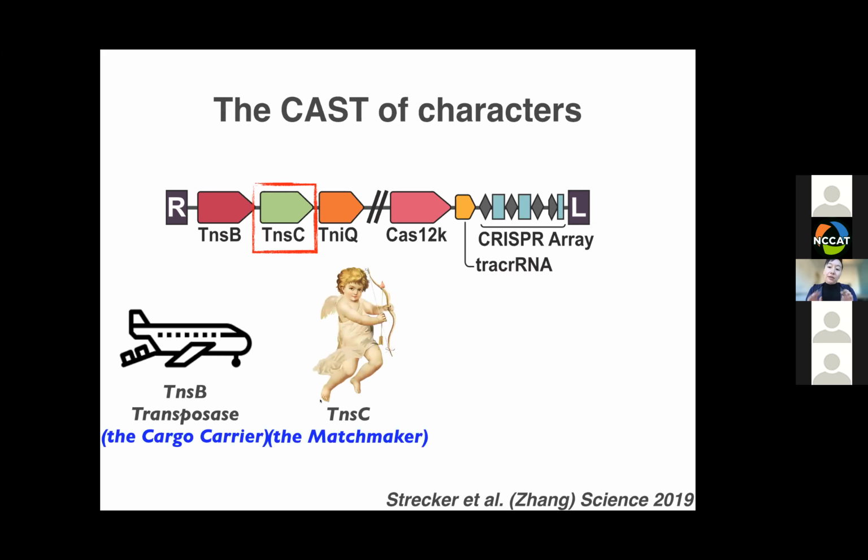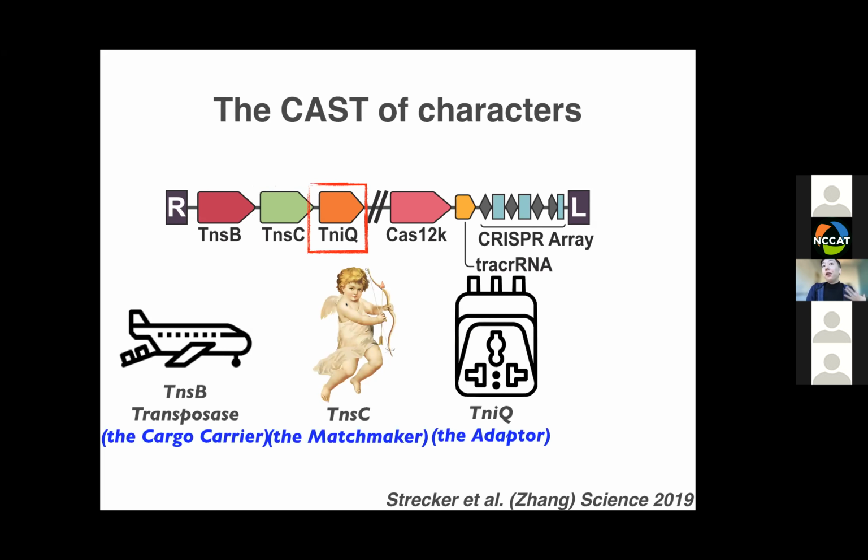TnsC I refer to as a matchmaker because one of the fundamental roles of this TnsC protein is to find target sites and to recruit the cargo carrier to that target site. So I think of it as a matchmaker that tries to find matches between potential target sites and the cargo carrying transposase. Then we have this TniQ protein, and TniQ I think of as an adapter.